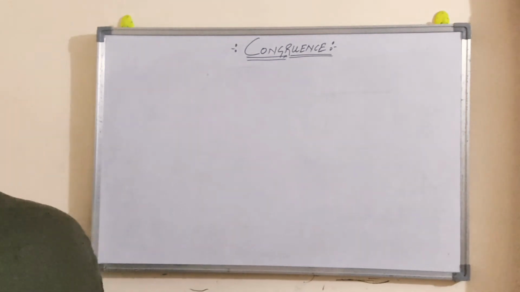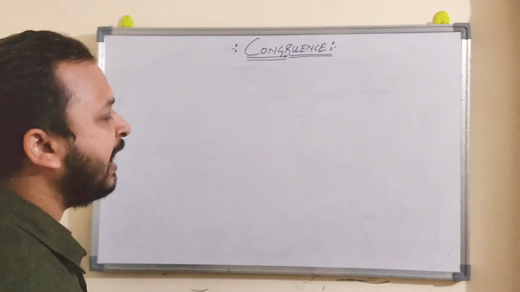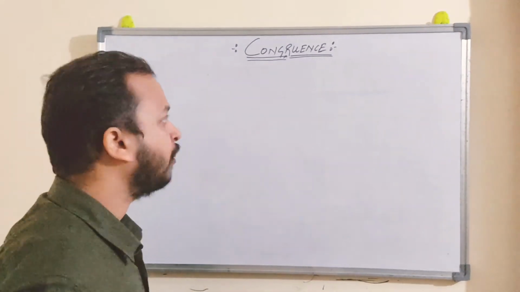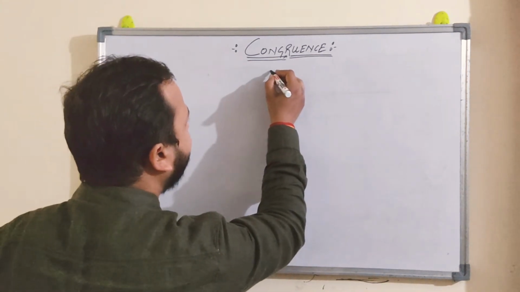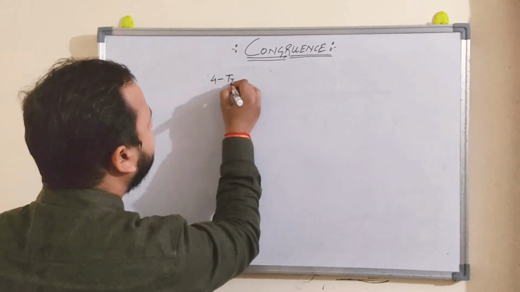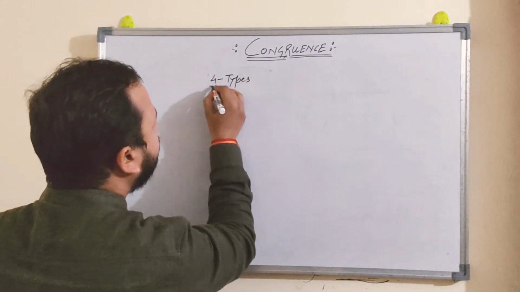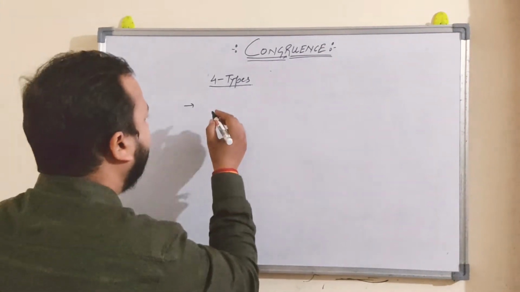There are different types by which we can tell that two given triangles are congruent. Actually you have to study 4 types.